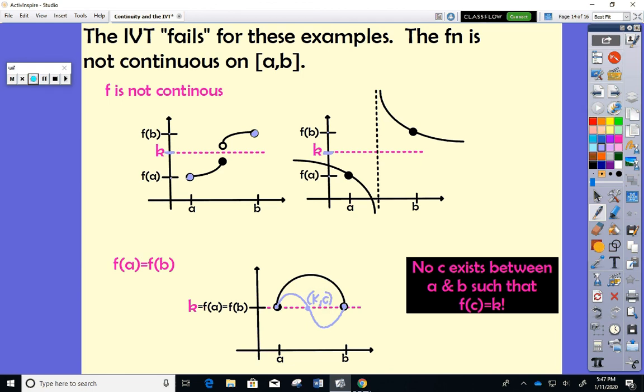But if the graph doesn't have that kind of swivelly action, then there's not a lot to say because there are no y values that fall between f of a and f of b. So it's just the trivial case. It's not really something we're concerned about. You'll see where this takes on meaning in the next chapter, but right now, not so much.